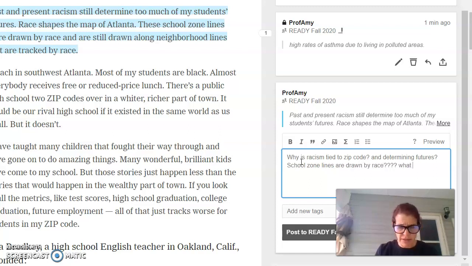Like, what does that mean? I want to know what that means. And is this also true around here in Mercer County? I'm just going to put a bunch of questions because I want to know.